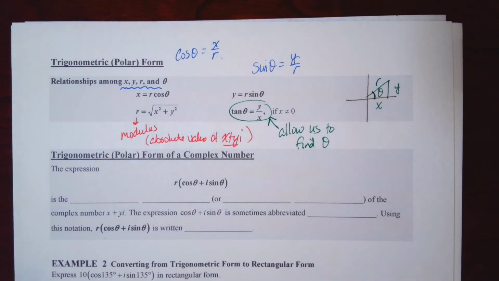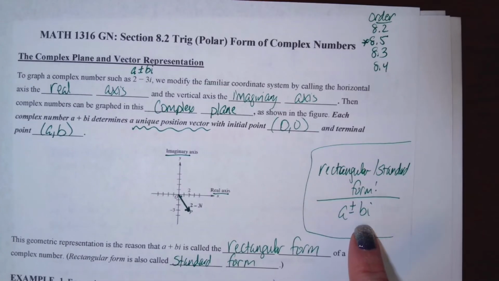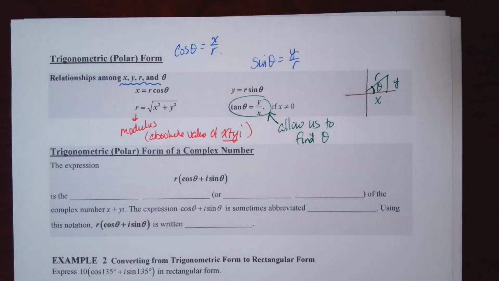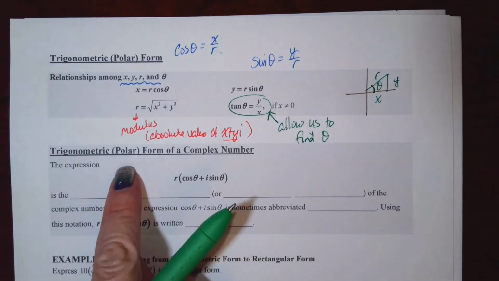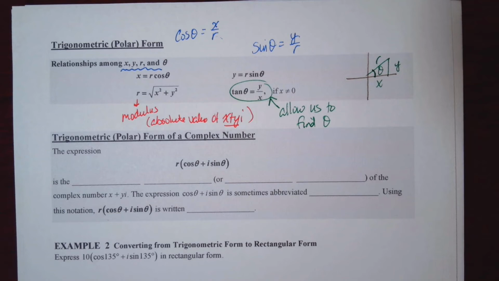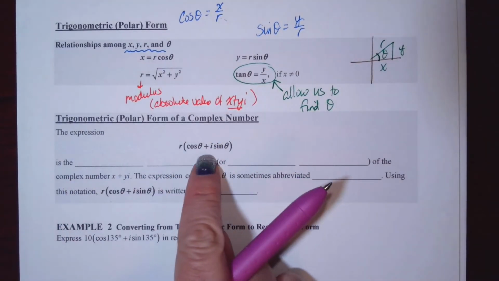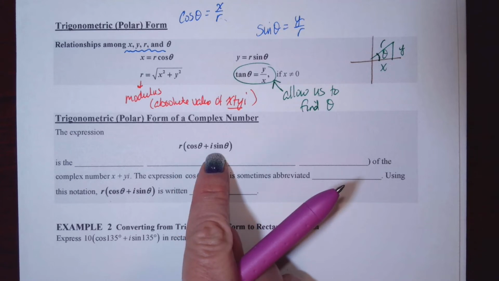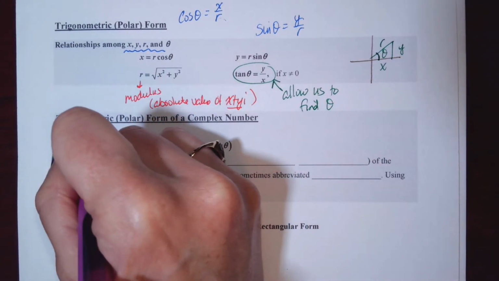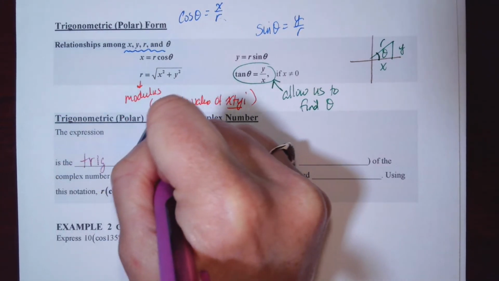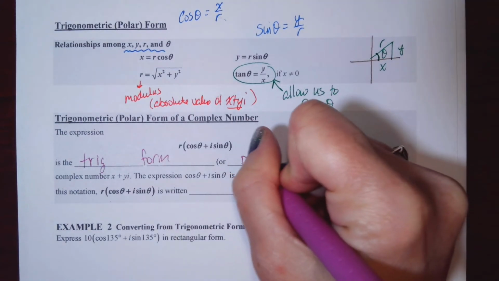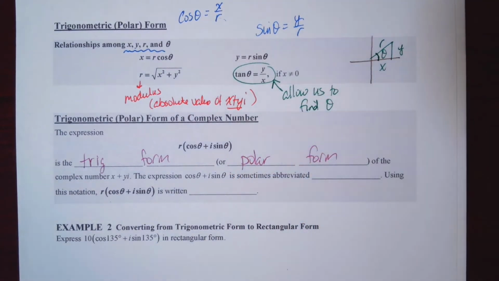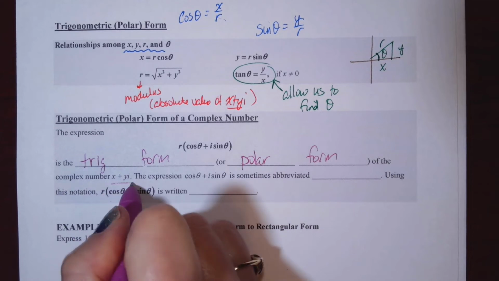Okay, so our standard rectangular form for our complex imaginary number is a plus bi, or we can think of it as x plus yi. Our trig or polar form of our complex number is this expression, r times the sum cosine theta plus i sine theta. So this is my trig form, or I can call it my polar form of my complex number, x plus yi.